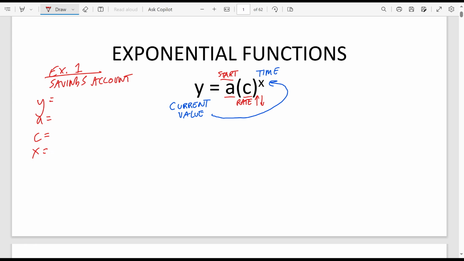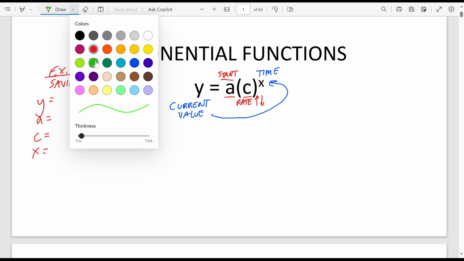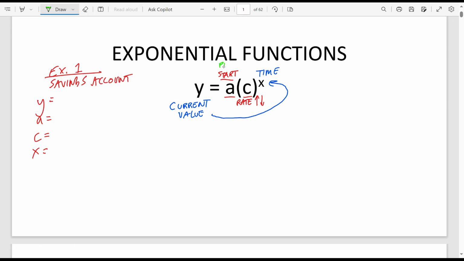You're going to have to be able to read and decode from the paragraph which one's A, which one's C, which one's X. Now, to add on to this a little bit, the A value is usually going to be pretty, and the Y value is usually going to be ugly.